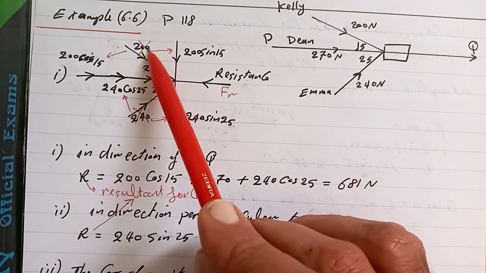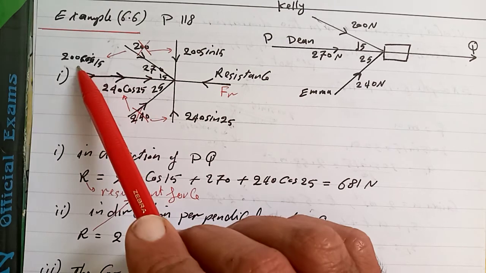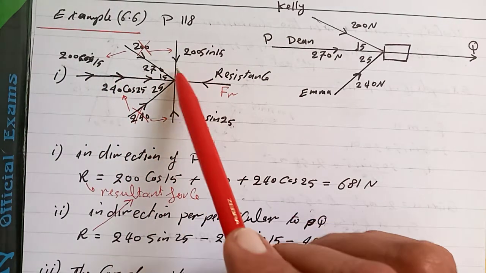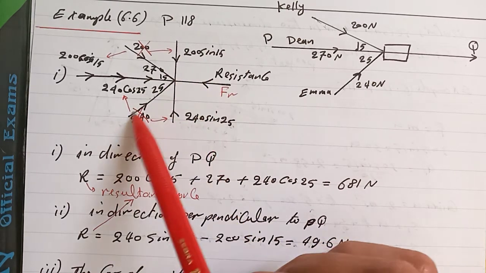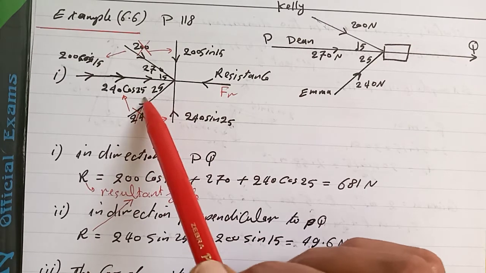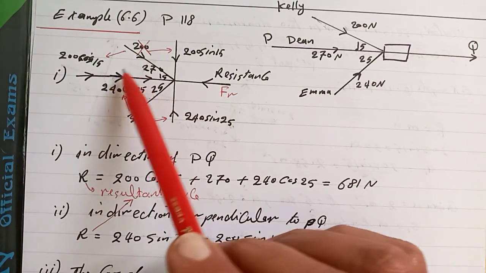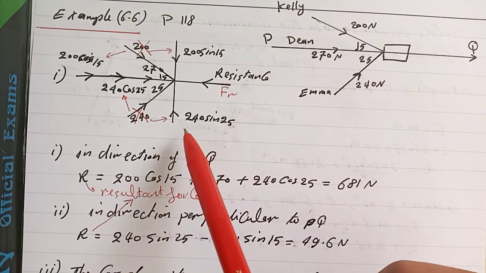I resolved this force into 2 directions. This one, which is 200 cosine 15, and this one 200 sine 15. Also this force, which is Emma, 240, will be resolved into 2 forces. This one 240 cosine 25, 240 sine 25.